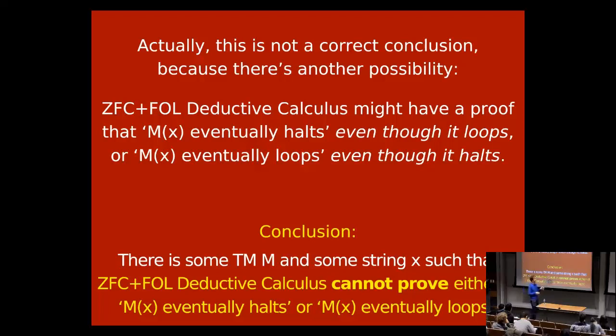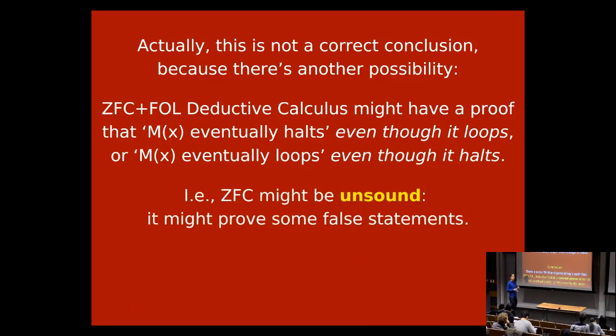Or you might be able to prove that M of x eventually loops, even though it actually halts. And what would that mean? Yeah? There's some contradiction within the axioms. Yeah, it would basically mean you've got a really bad set of axioms because from them you can deduce false things.